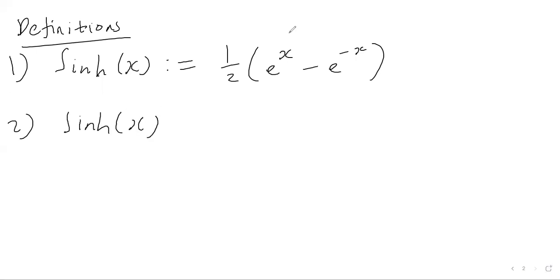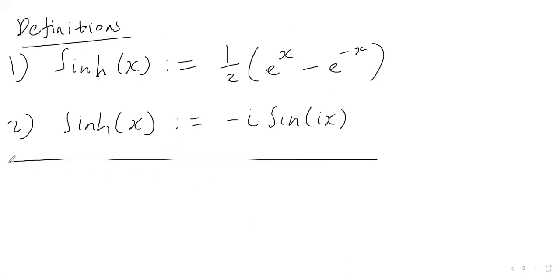Another definition of this hyperbolic sine function is negative i sine of i times x. So that's another way that you can define what we mean by this hyperbolic sine, sinh, or shine function. I'm also going to write out the definitions of cosh, or hyperbolic cosine.